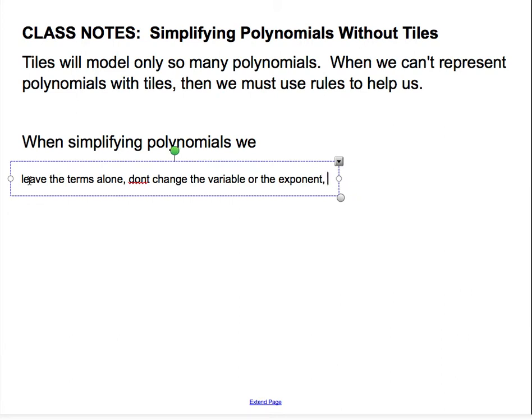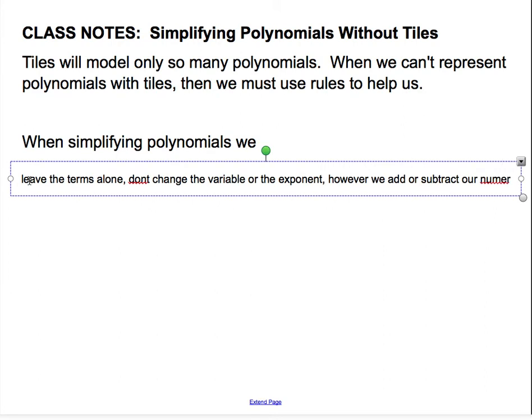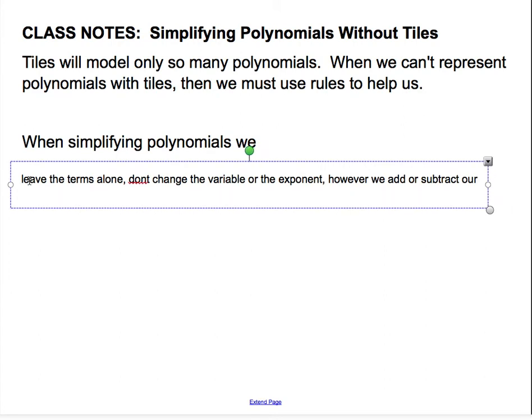However, we add or subtract, I should say, our numerical coefficients.